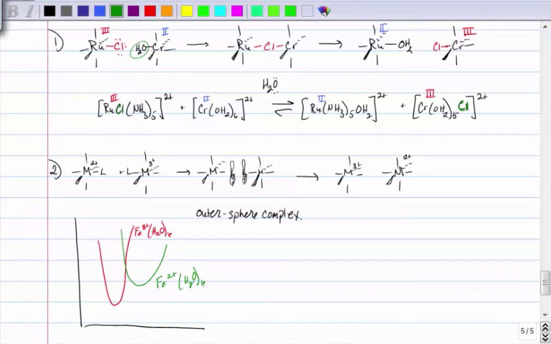The electron, basically, if you think about the distance of the atoms from the center metal, from here they're very close, and then they get farther away, and same thing here.